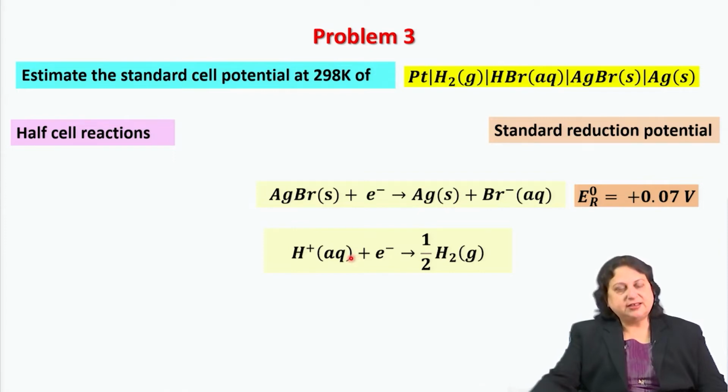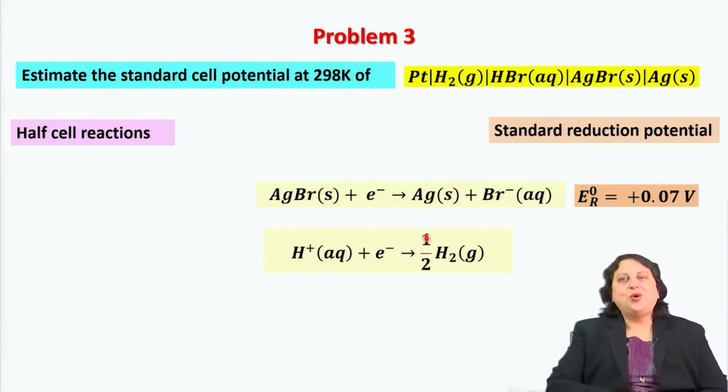I can write down the other reduction reaction that I should be worried about: H plus ion aqueous takes up one electron, giving rise to half hydrogen gas. You might be wondering how I can write half a molecule of hydrogen gas. Actually, what we are writing down applies to moles.